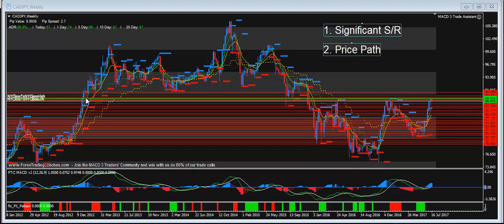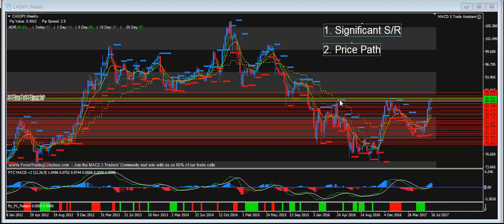Well, it broke and pulled back and traveled up several hundred or 1,000-plus pips before getting significant retracements along the way. This is the price path from history, that if we break this level with some good speed and pace again, this price path may repeat itself.